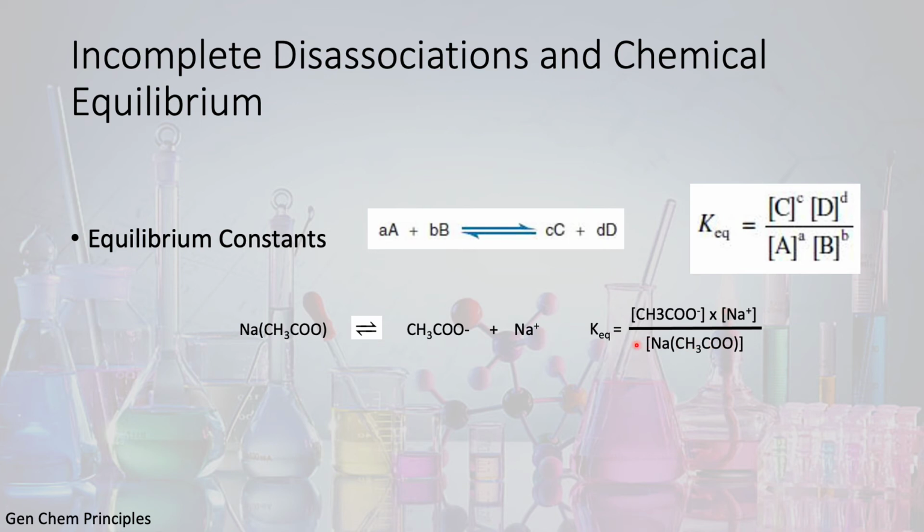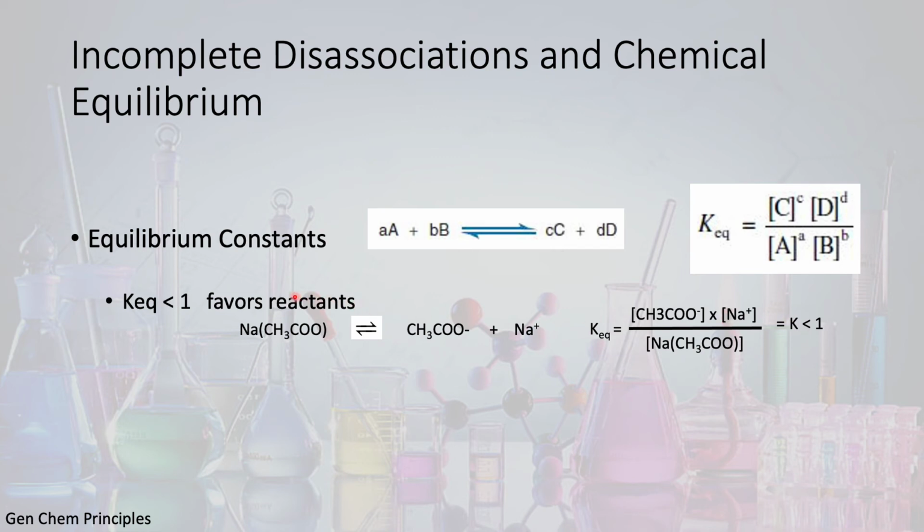And here our reactant is sodium acetate undissociated. If we were given textbook values for this, we know that sodium acetate is a weak electrolyte. So we know it doesn't completely dissociate in water. Without giving you the exact number here, we know that K_eq comes out to be less than 1.